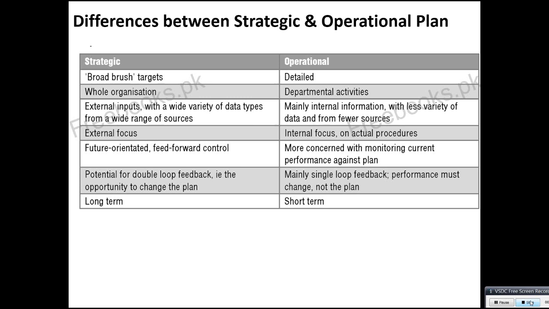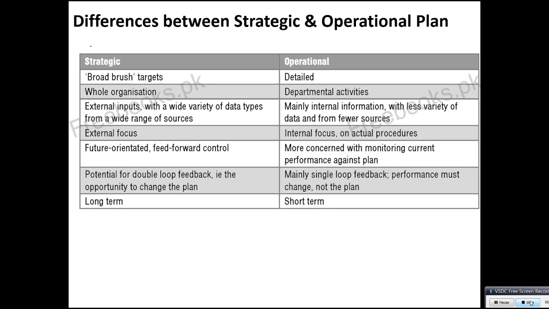Strategy uses external inputs, with a wide variety of data types from a wide range of sources. Usually directors and the CEO work on this long term. There is also an external focus on the market, how much demand there is and what the dynamics are. It is future oriented, with the focus of getting profit for a long time.